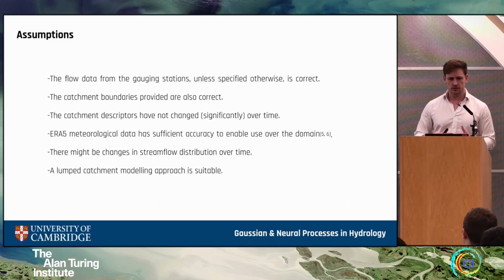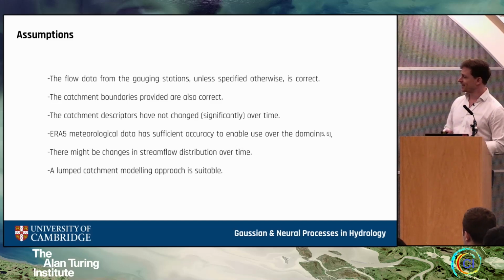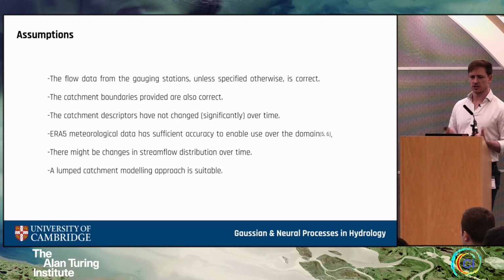In terms of the assumptions that I'm making here, one is that the catchment data, which is from CEH, is correct, and that it's not wrong. The same goes for the catchment boundaries, and that these catchment descriptors aren't changing over time. For geology and topography, that's definitely the case. For land use, that's less so, but for reasons that I'll get onto at the end, it doesn't matter too much in this case.